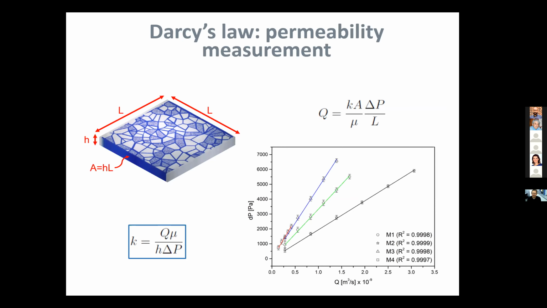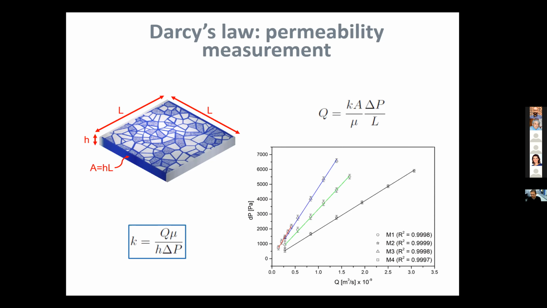A is the cross-sectional area, L is the micromodel length, and μ is the viscosity. As you can see here, the relationship between the pressure drop and the flow rate is linear, so in good agreement with Darcy's law.